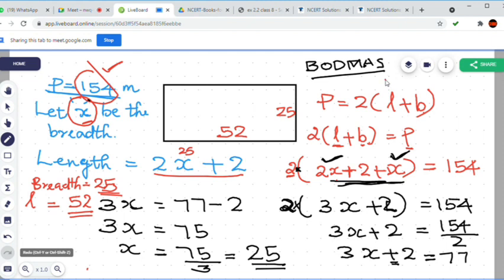Here for length we write 52, for breadth we write 25. By adding 52 and 25, that is 77. 77 times 2, we get 154. So that is correct. That way you should verify your answer in the last.